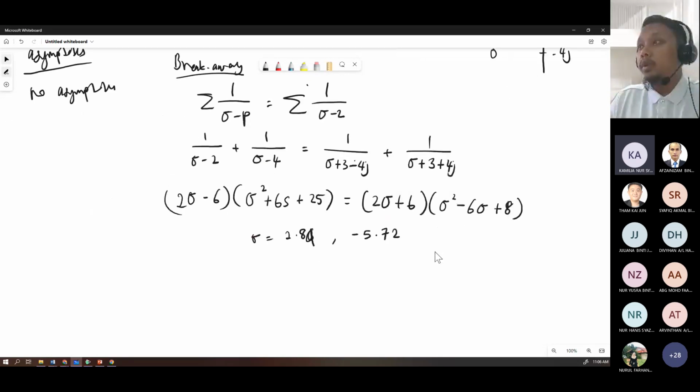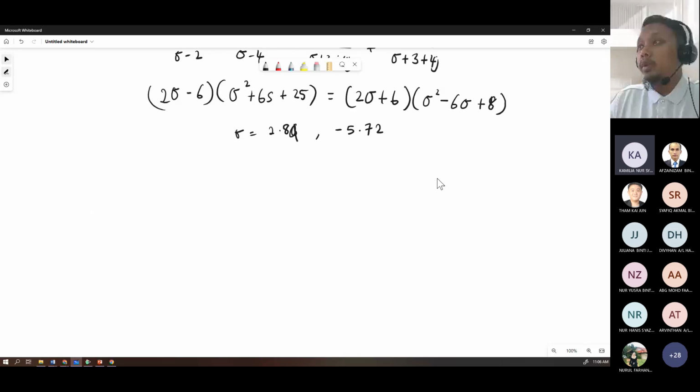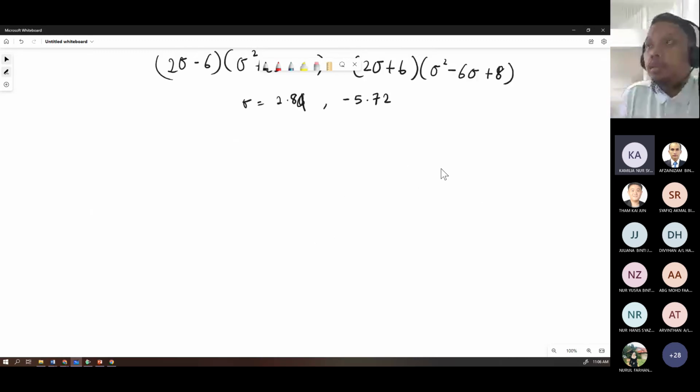Now we can find the j omega axis crossing. So first, you need to find the closed loop transfer function.